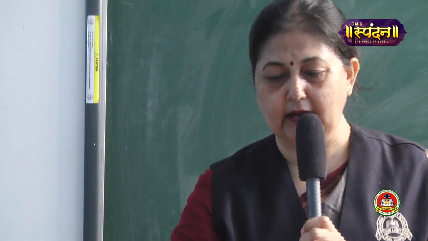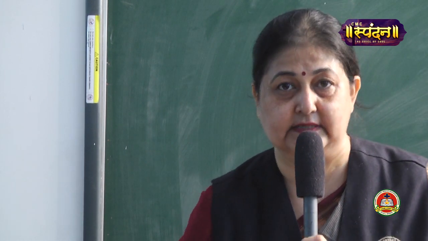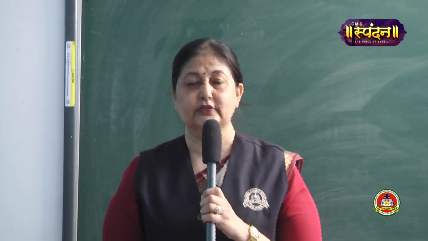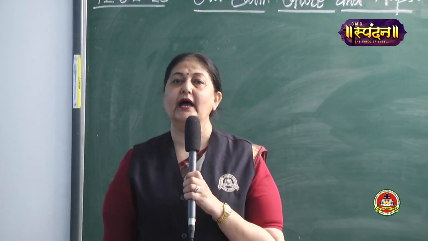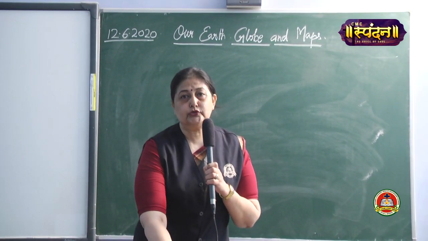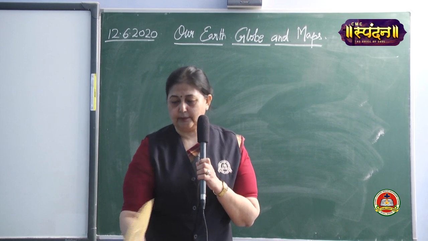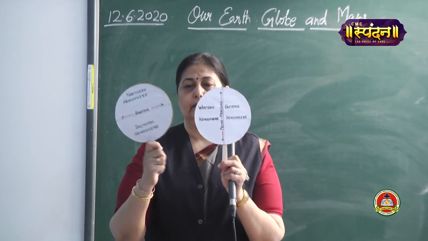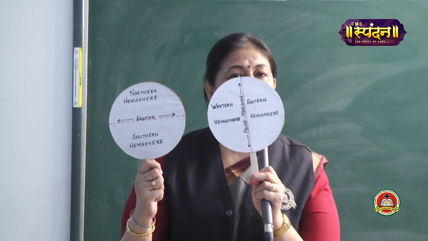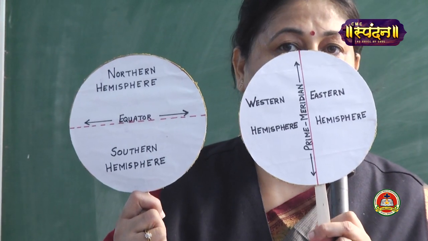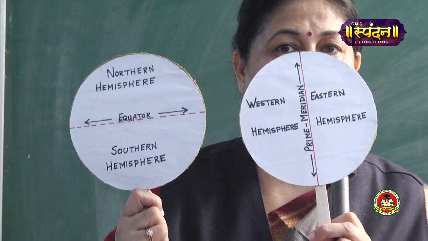So children, there are four hemispheres, right? Northern hemisphere, southern hemisphere, eastern hemisphere and western hemisphere. Children, when I give you to draw in your classwork copy, you will have to draw the hemispheres this way, using two circles, okay, showing it clearly with two imaginary lines, correct?